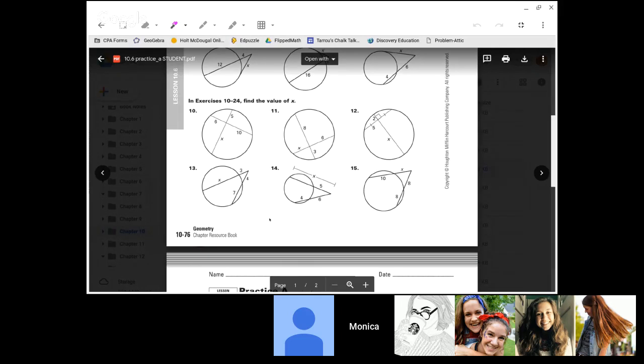Okay, so for number 13, this is where we have the outside times the length of the whole thing equal to the outside of the other times the length of the whole thing. So if we look at this secant here, what's the outside measurement? And then what's the length of the whole thing?